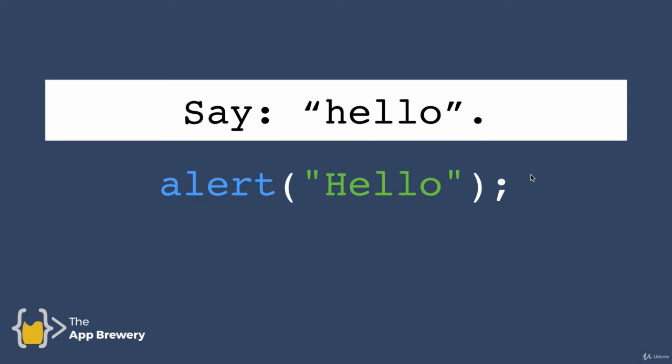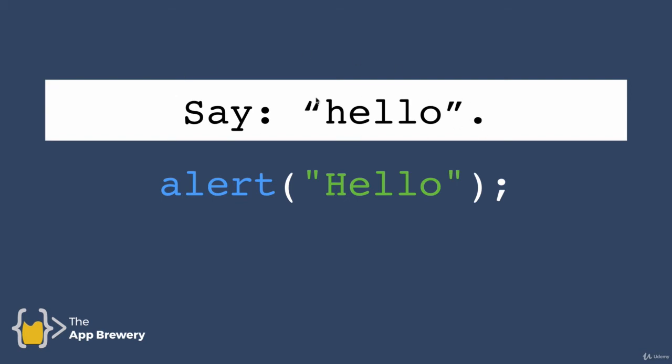So it might seem a little bit confusing why we have these semicolons and parentheses and these quotation marks, but all it is just a part of the grammar of the programming language. So just as in English, we could type out something like say, colon, quotation marks, hello, full stop.